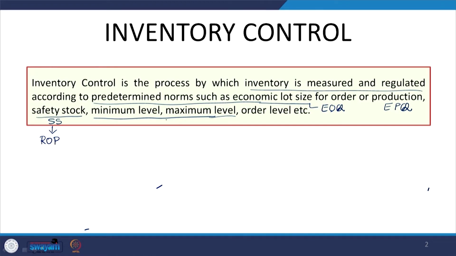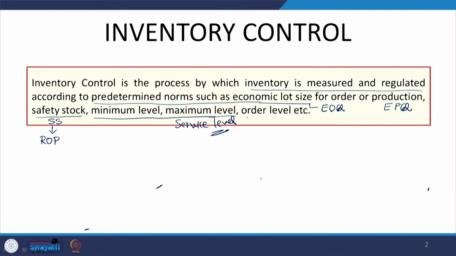On the basis of that, we discussed the concept of service level, that is, what service level you are going to offer to your customers, and then the order levels, how much you are going to order depending upon this service level. All these things are the important outcomes of the inventory control system. When we have answers to these questions, it means we have developed a scientific inventory control system.